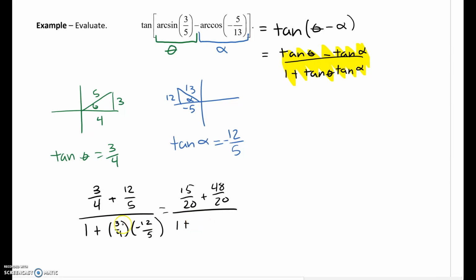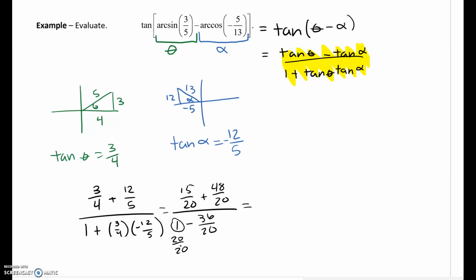So I have 12 times 3 is negative 36, so I'm going to make this a minus, minus 36 over 20. And 1, if we have a common denominator of 20, is really 20 over 20. So I'm going to write that on there so that I have it.